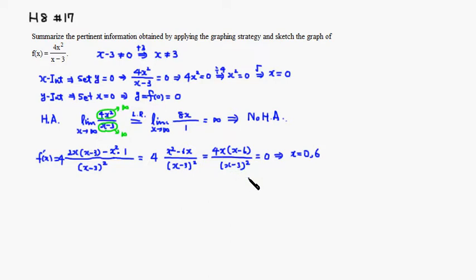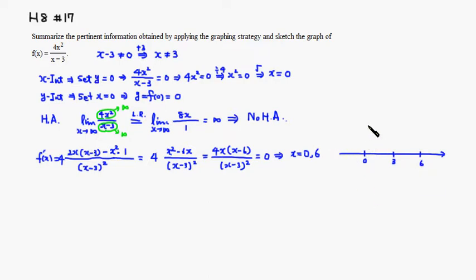It's not a critical number, but we need to put the tick mark because the function is not defined there. All right, so let's do a number line. We need tick marks for 0, 3, and 6.